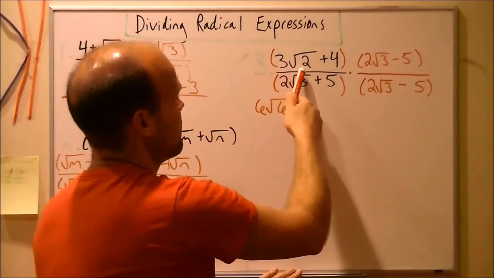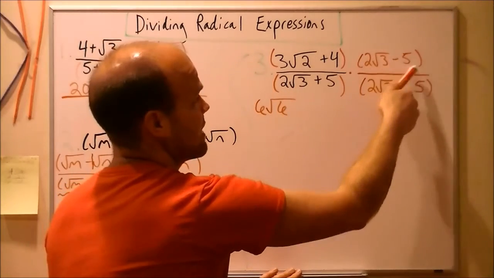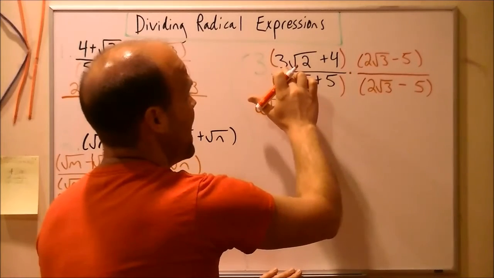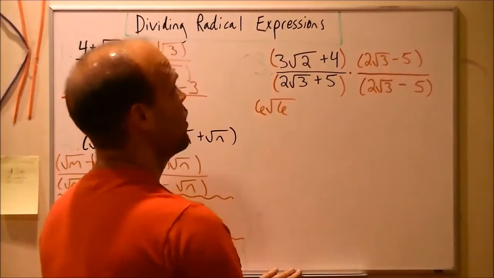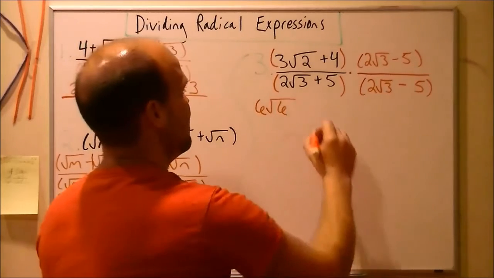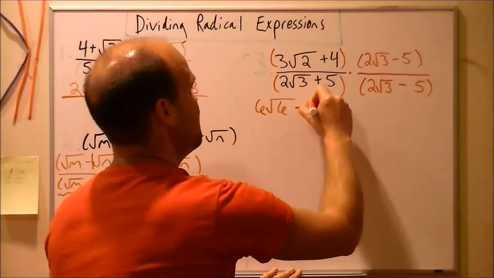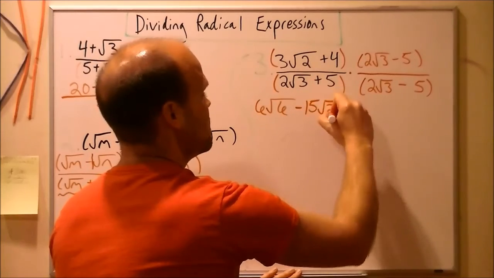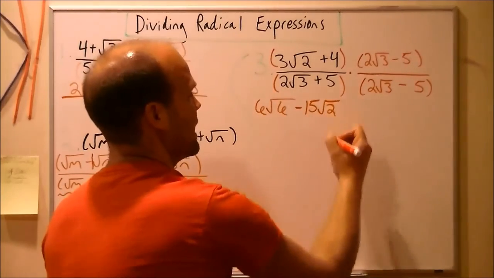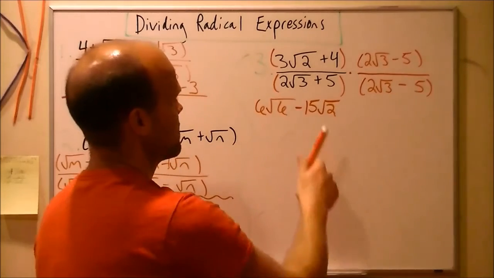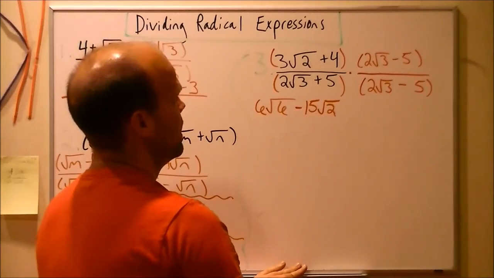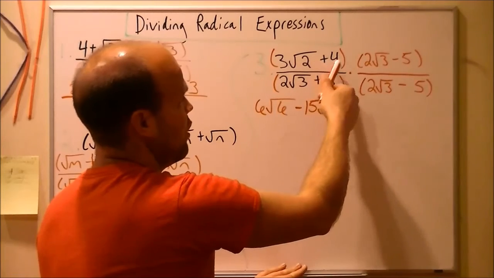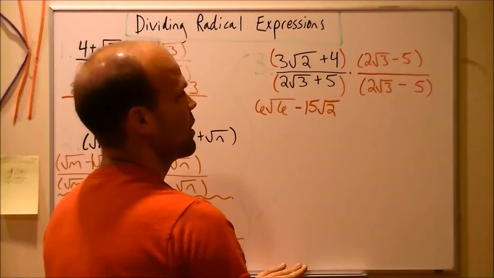My second term: 3 square root of 2 times the second term, negative 5. That's a whole number. All I do is multiply this whole number times that whole number. 3 times negative 5 is negative 15, and I leave the only thing under the square root symbol, which is 2. Alright, now my second term in the first binomial on top: 4 times 2 square root of 3.